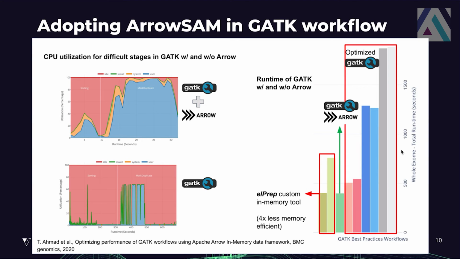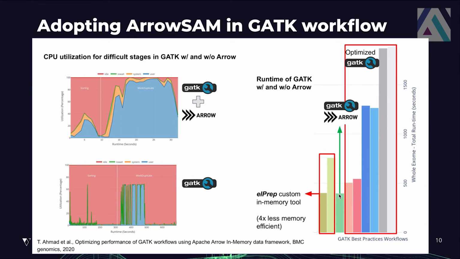If we compare the runtime of our Arrow-based pipeline with the standard GATK pipeline, we see that our pipeline has the shortest runtime compared to any variant or any type of GATK pipeline, even if we optimize it significantly by storing all the data into memory using the RAM disk approach, by just dumping the data into memory from disk.